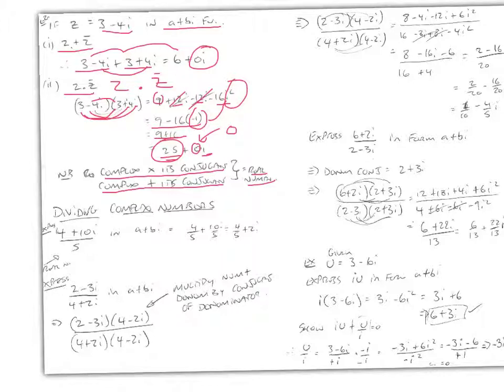Okay, so let's look at an example of dividing complex numbers now. Let's for example divide the complex number 4 plus 10i by 5, which is a real number, and let's write that in a plus bi form. So that would be equal to 4 over 5 plus 10i over 5, which is equal to 4 over 5 plus 2i, real part, imaginary part.